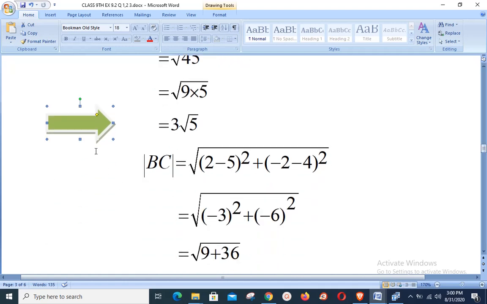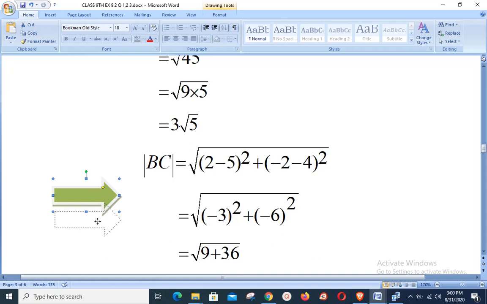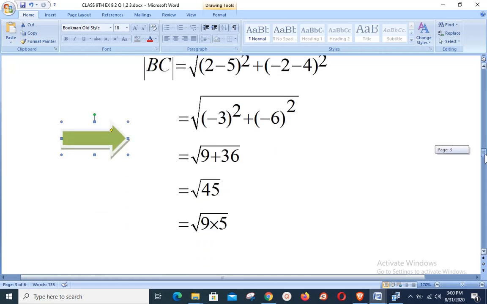Applying the formula, we have 2 minus 5 whole square plus minus 2 minus 4 whole square, whole inside the root. Simplification gives us minus 3 square plus minus 6 whole square. Square of minus 3 is plus 9, whereas square of minus 6 is 36.